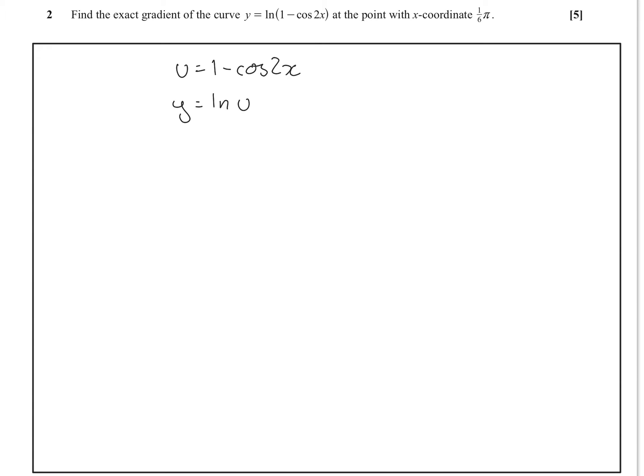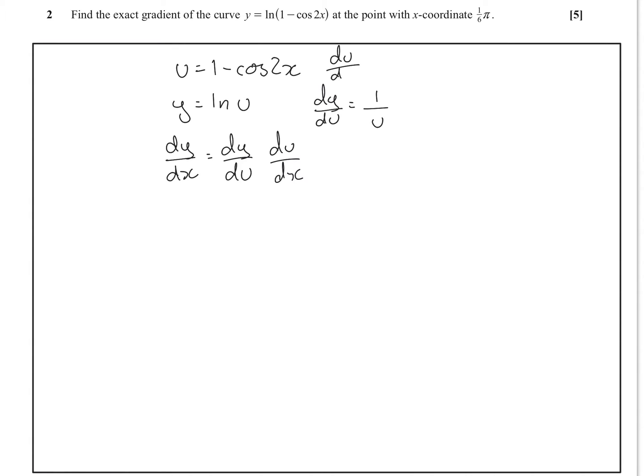We want to find dy by dx. The chain rule says that's dy by du times du by dx. So dy by du is differentiate ln, one over u.